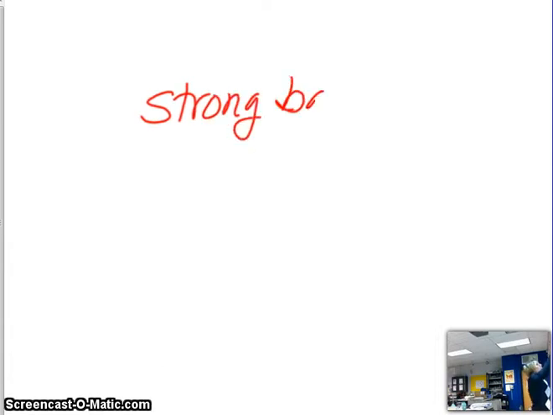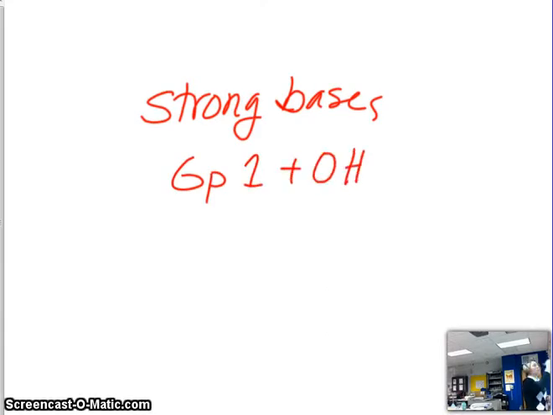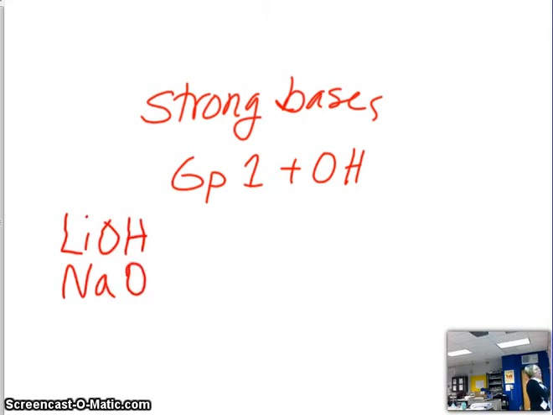Your strong bases are all of group 1 with OH. So I'll list a few. I'm not going to list them all. LiOH, NaOH, KOH, yada, yada, yada, all the way down the group. And it's the bottom 4 in group 2.